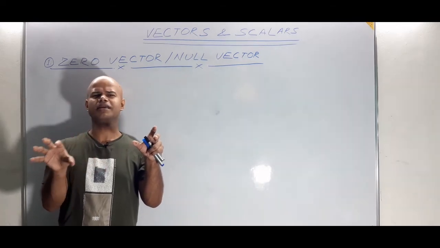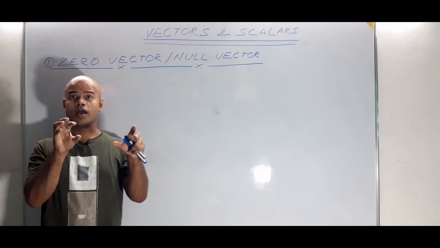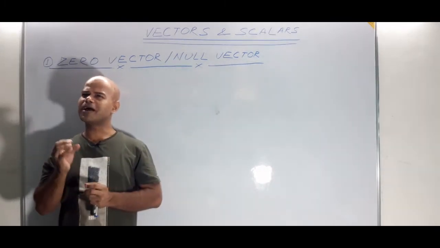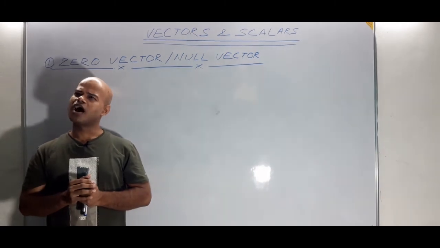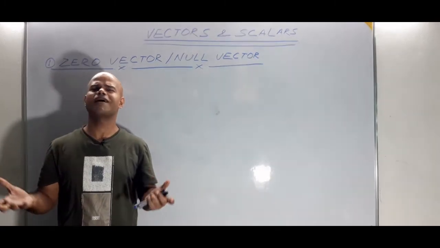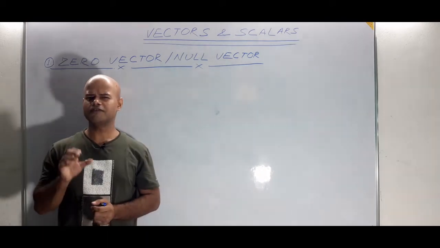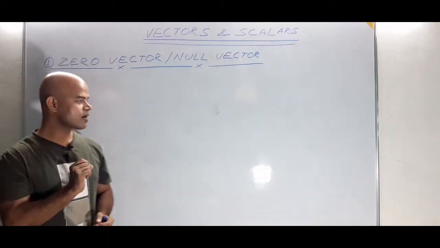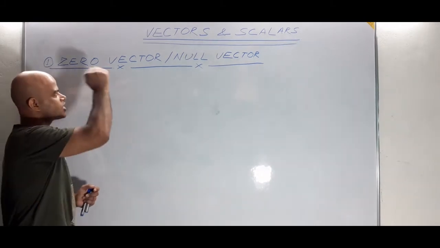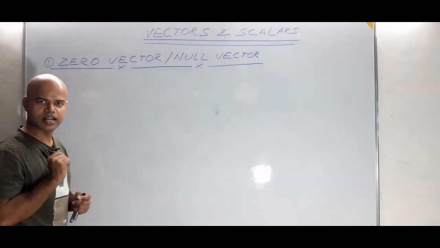Direction zero doesn't mean anything, right? So magnitude is zero for a vector quantity. But if magnitude is zero, how does it represent a vector quantity? How will you be able to find its direction? It's confusing, right? Let's look at a very simple example to answer all these questions and reach at the definition of zero vector, null vector.